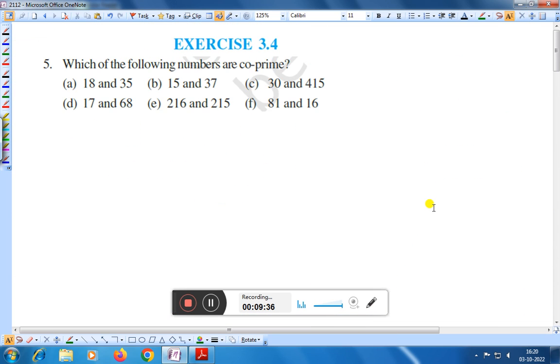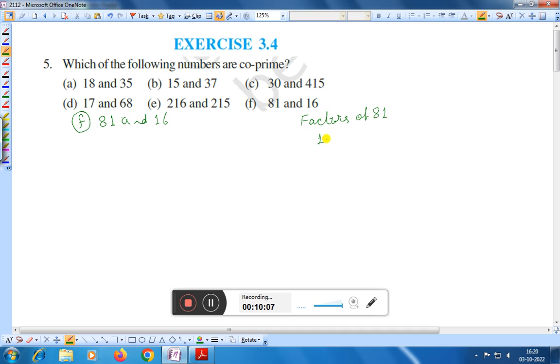Now do the next question, that is question number F. The numbers are 81 and 16. We'll find the factors of 81.